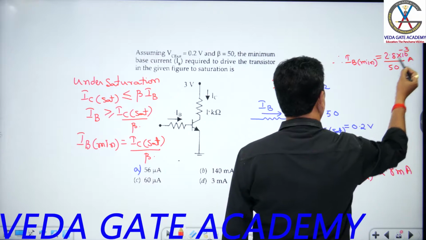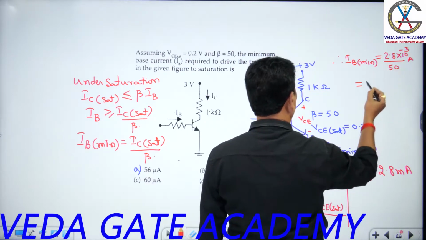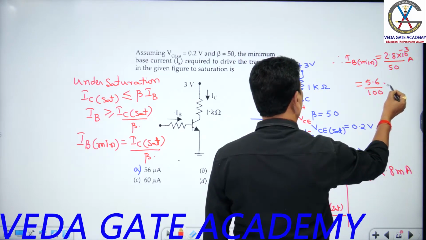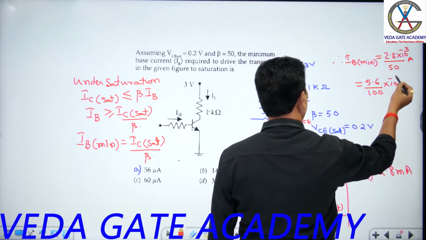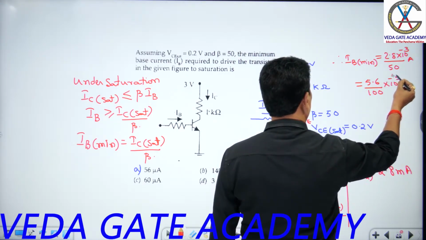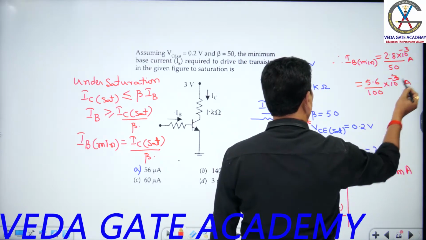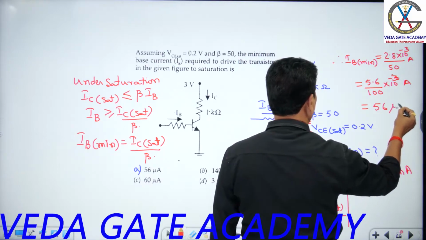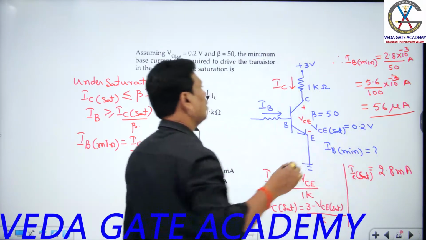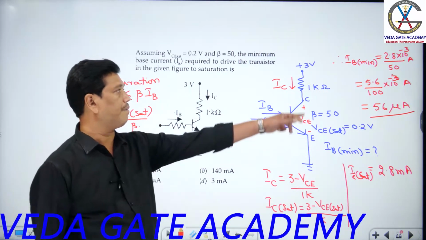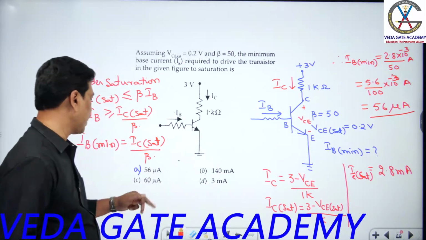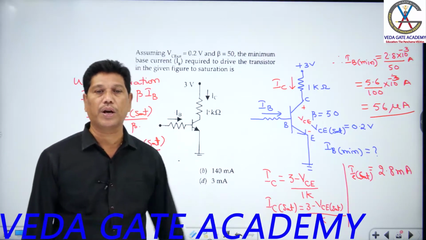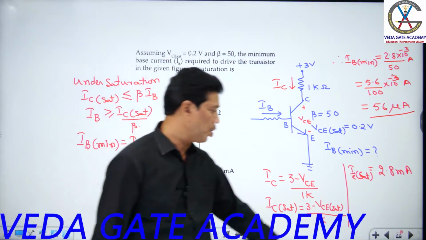Multiplying by 2 at top and bottom, that is 5.6 by 100 into 10 power minus 3 ampere. So that is 56 into 10 power minus 6, 56 microampere. The correct option is A, students. A is the right answer. Okay. Check out the next question now.